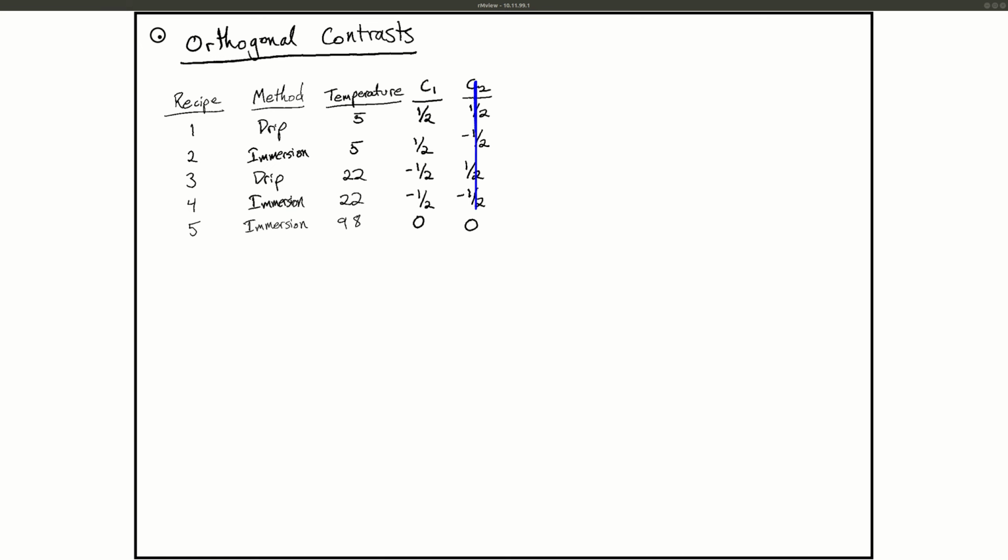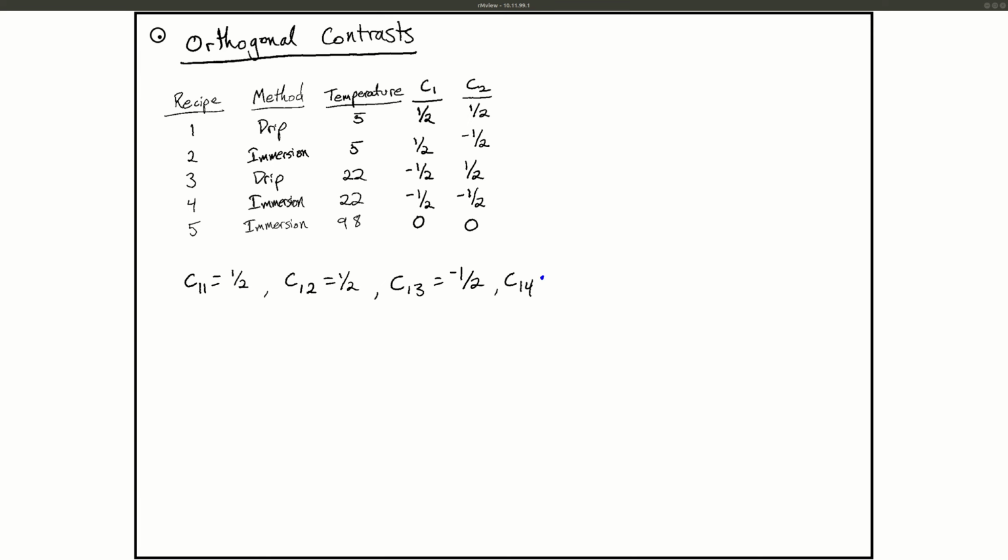So we can write some notation for these contrast coefficients. Here, we might write that C11 is 1/2. The second contrast coefficient here we might say is C12. That also is 1/2. C13 was negative 1/2.